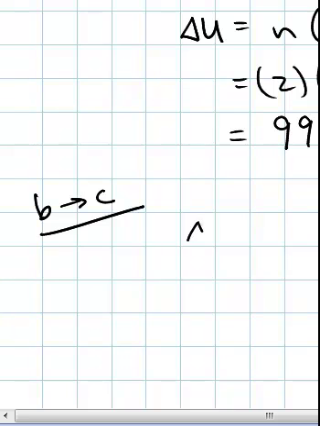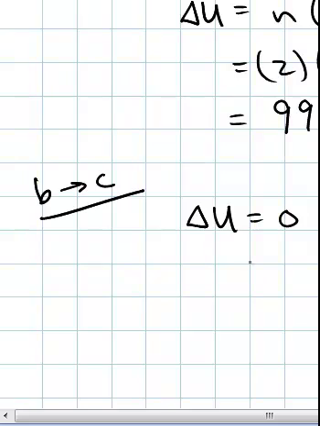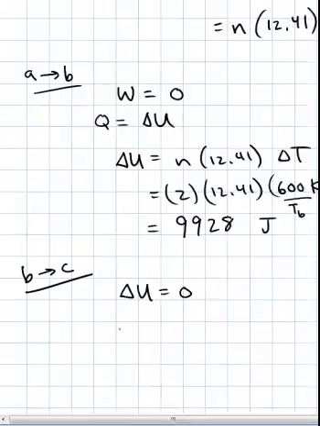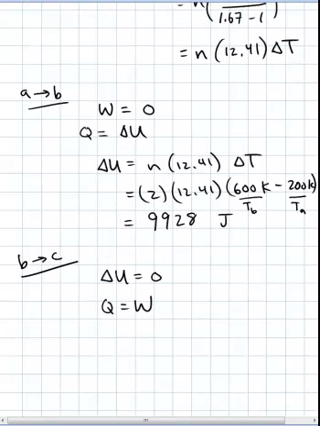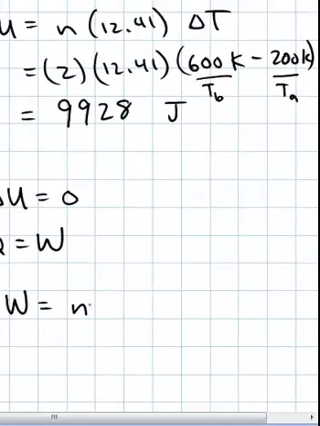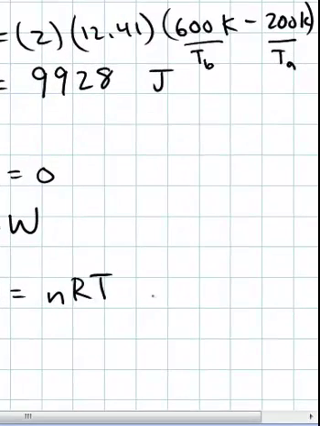So that tells us that delta U is going to be 0, which means that Q is equal to W. And because we are on an isothermal path, we can use the work done is nRT times the natural log of the final volume over the initial volume.